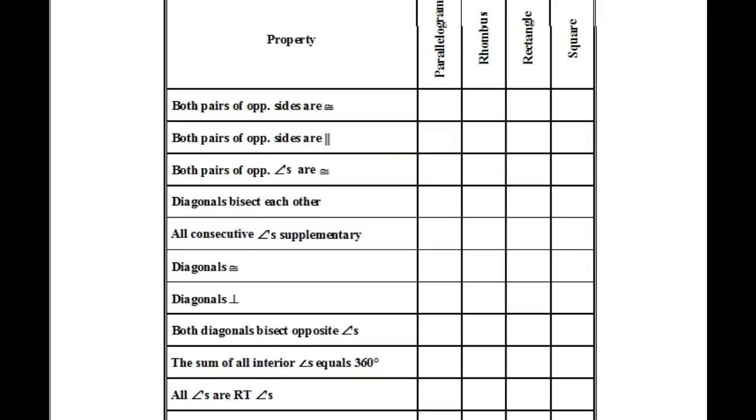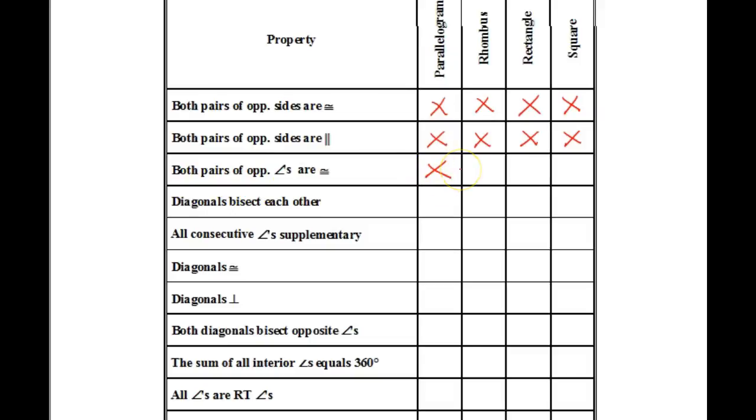So I think it's not too bad to think about going across. Which shapes have both pairs of opposite sides congruent? Well, all of them. Which ones have opposite sides parallel? That's a parallelogram rule, so that's all of them. Both pairs of opposite angles congruent.